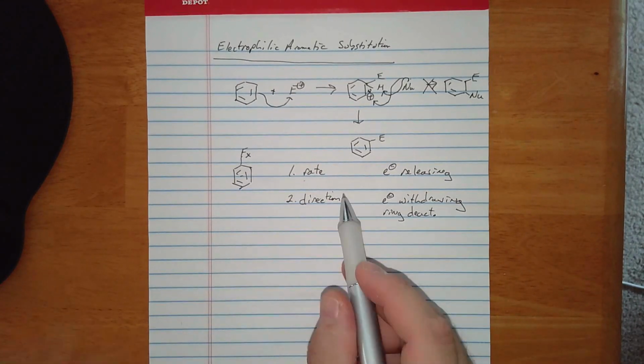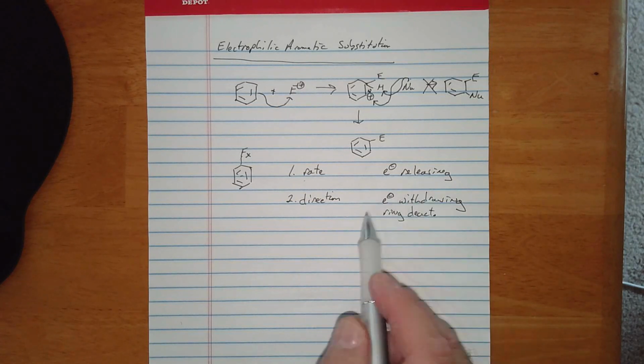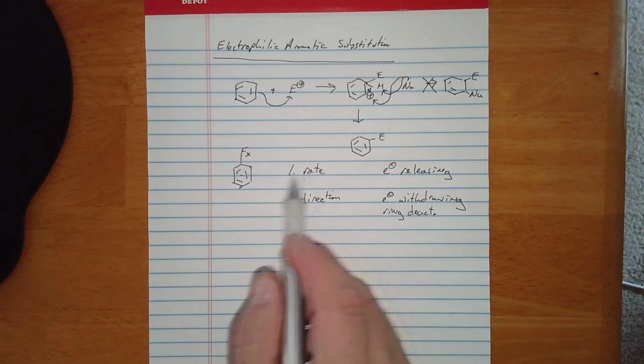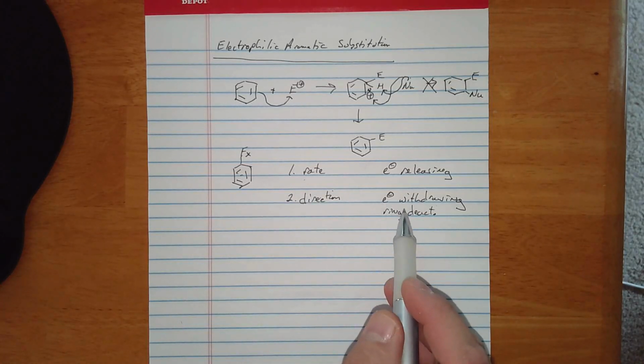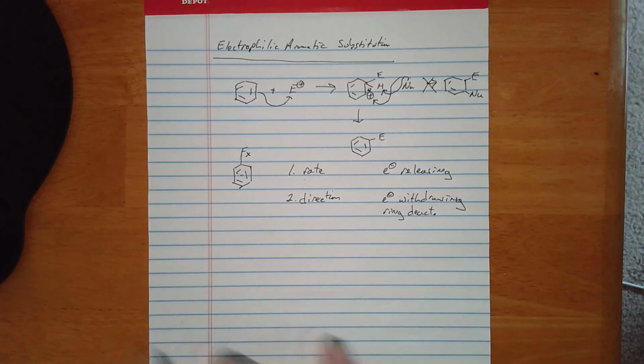And so the nice thing about having two basic categories, electron releasing and electron withdrawing, is when it comes to how they affect rate, we've already defined how electron withdrawing groups affect it, and so that means that electron releasing are the exact opposite.